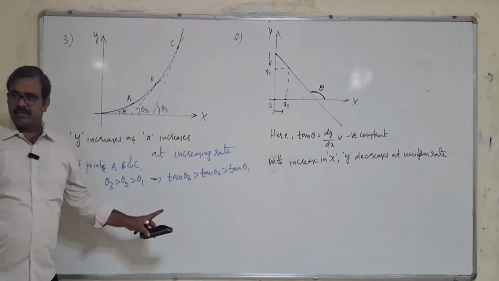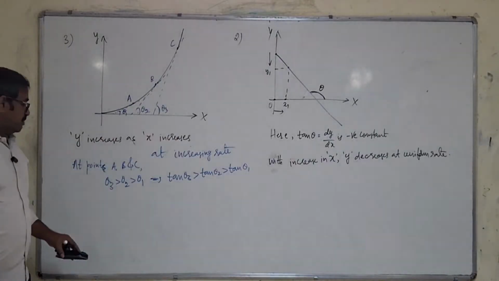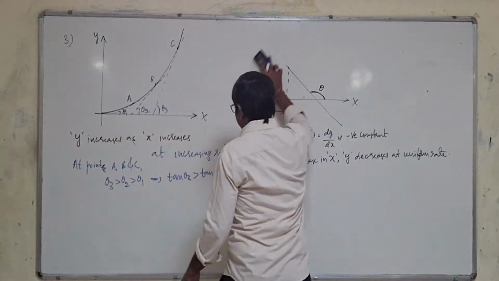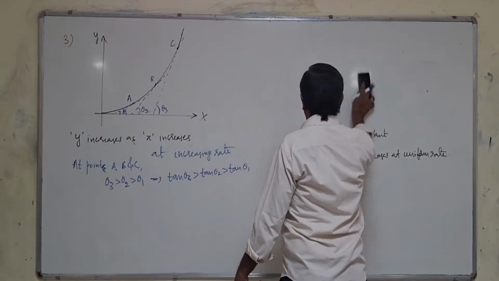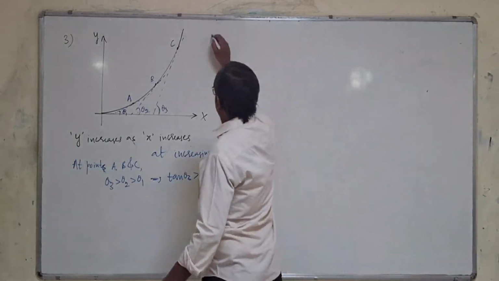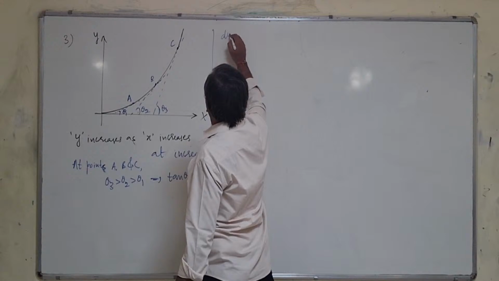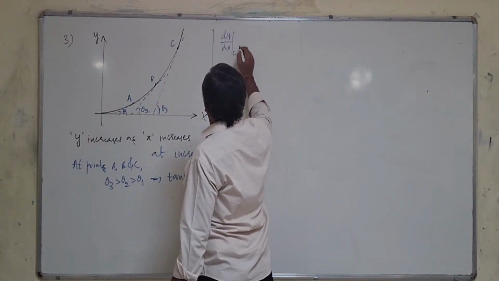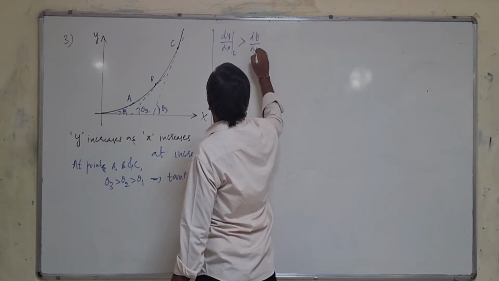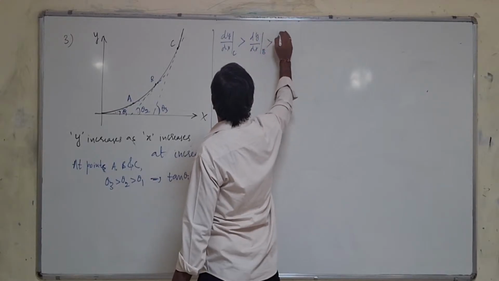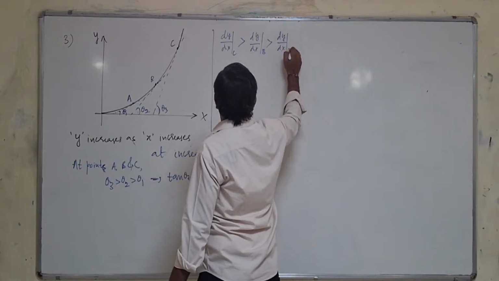Do you understand this? It means dy by dx at C is greater than dy by dx at B, which is greater than dy by dx at A.